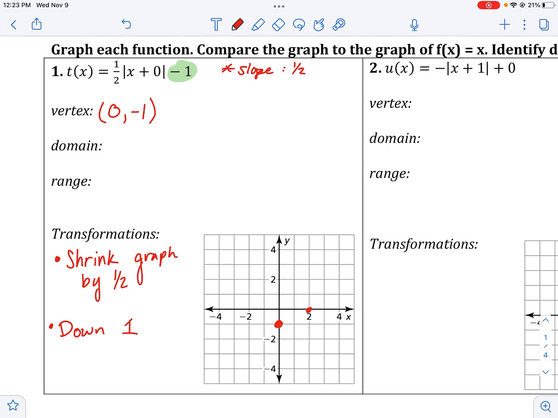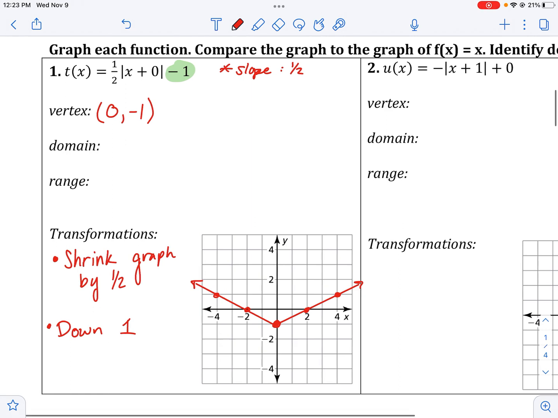So I'll go rise 1, run 2, rise 1, run 2. And then on the other side, if you remember what that graph should look like, it should look like a V. So I'm going to go up 1 and left 2, and I'll have a slope of -1/2 in the other direction. So I have a slope of +1/2, I have a slope of -1/2, but each one uses that fraction of 1/2.